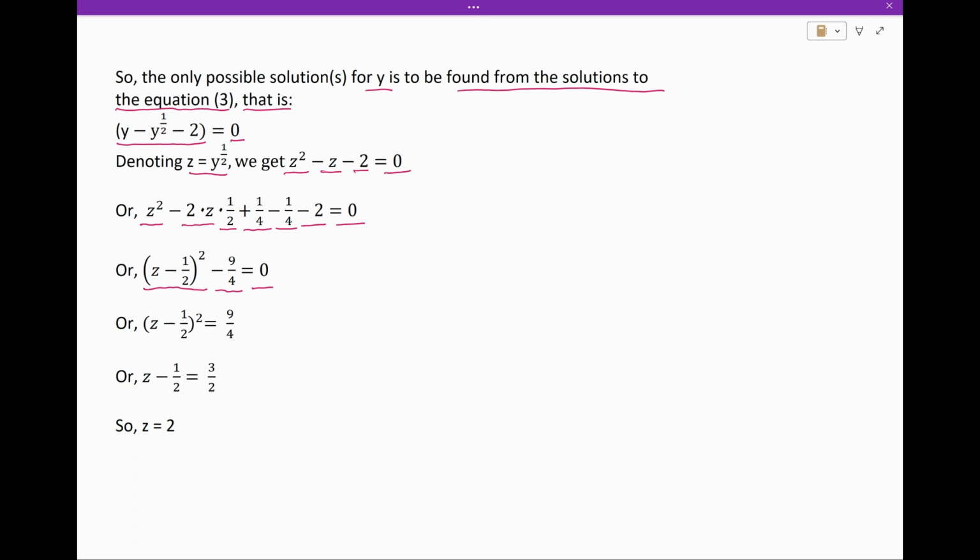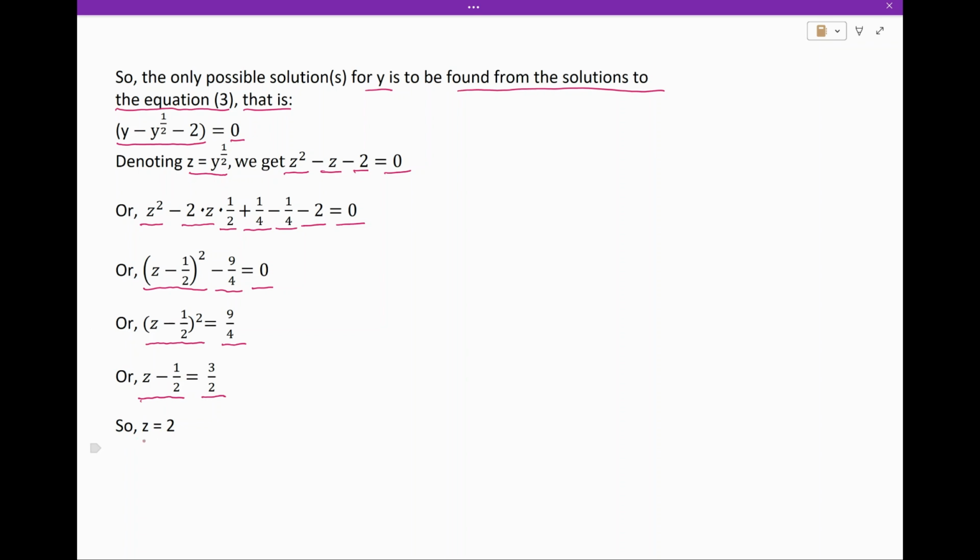Adding 9 by 4 to both sides of the equation, we get z minus half whole squared is equal to 9 by 4, or taking square root of both sides, we get z minus half is equal to 3 by 2.